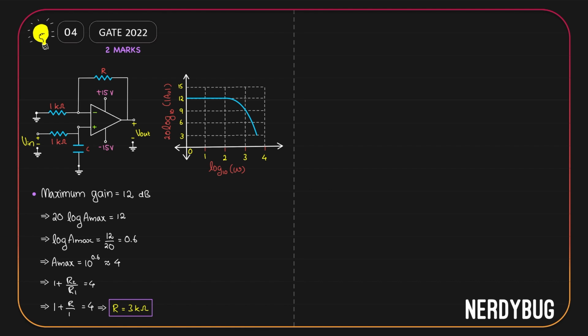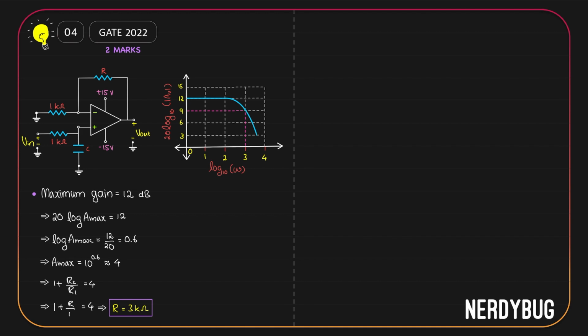Here the maximum value is 12 decibels. 3 dB less than that is 9 decibels. When does the gain become 9 decibels? When log of omega becomes 3. So the cutoff frequency is whatever is the omega when log of omega is 3.